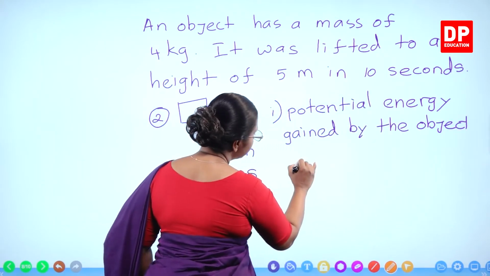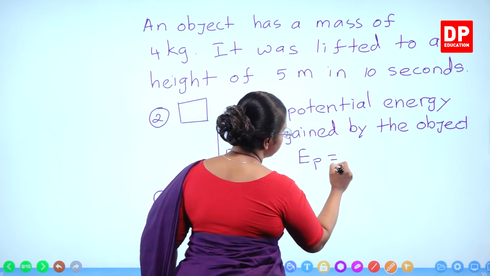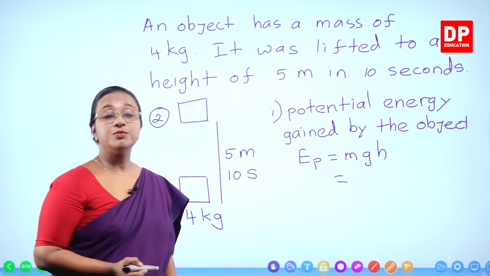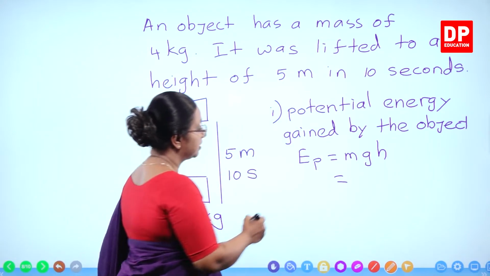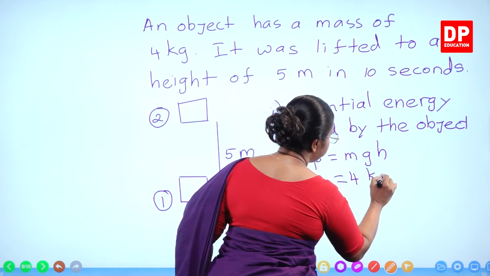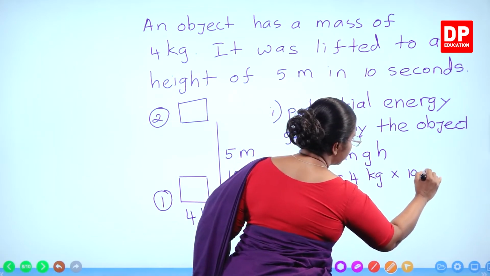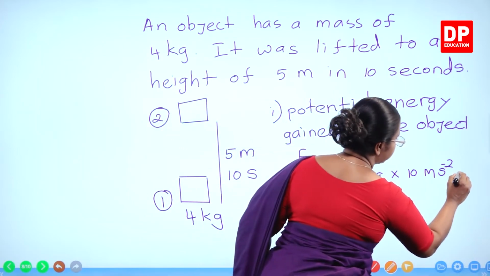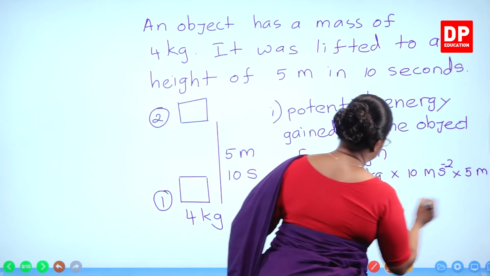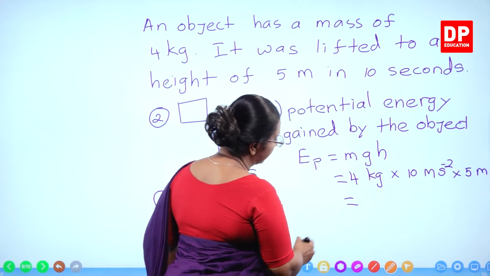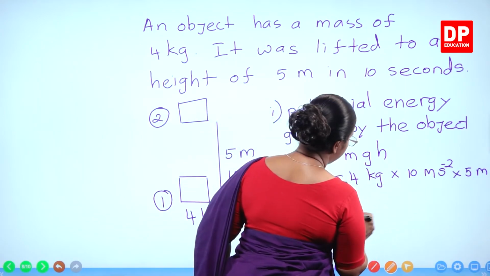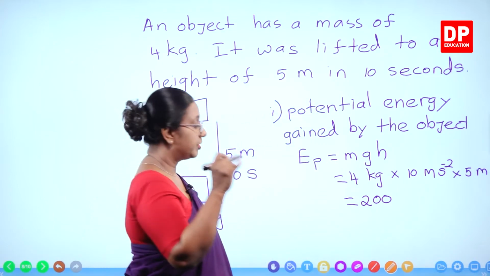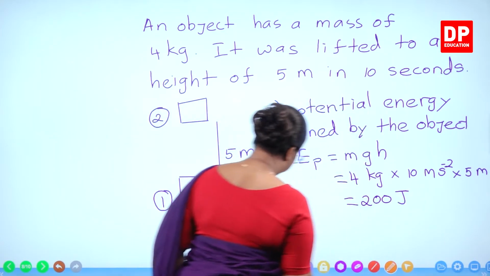What is potential energy? E potential is equal to mgh. So if you use this equation, m is 4 kilogram, g 10 meters per second squared, and height is 5 meters. So if you multiply that, 4 into 10, 40, 40 into 5, 200. What is the unit? Potential energy, joules.